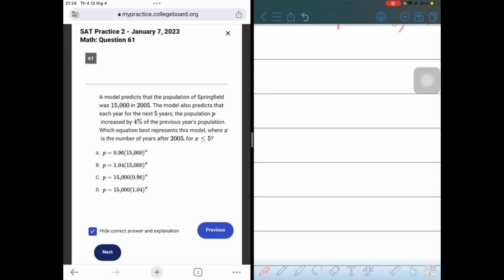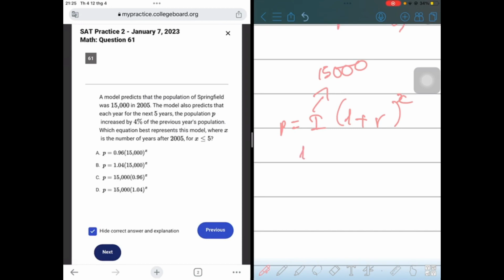Try to remember the formula for this kind of word problem: y equals a initial, that is the initial figure the question will give you. For example, now they give you 15,000, and then we have 1 plus r, where r is the rate that it increases or decreases, and then to the power of x.